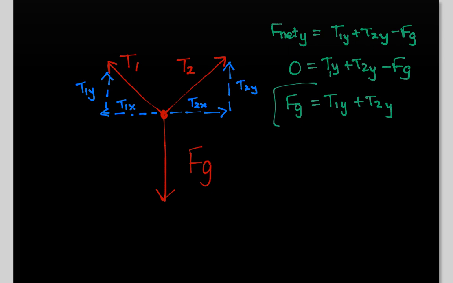Now, I really want you to just think about that equation right there in the box. The downward pull of the object, in other words, its weight, Fg, is completely balanced, equal and opposite, by the up components of the two tensions.